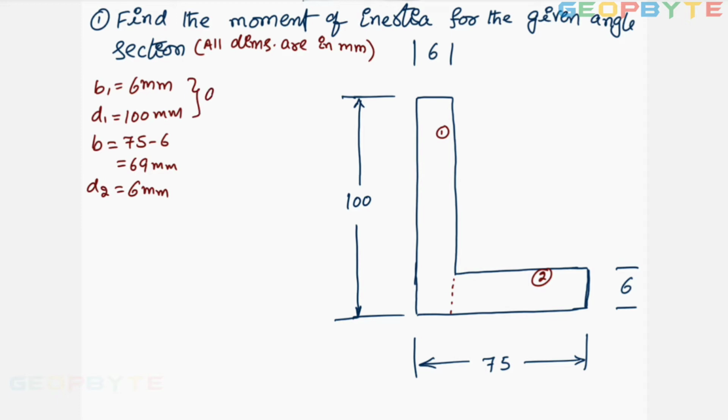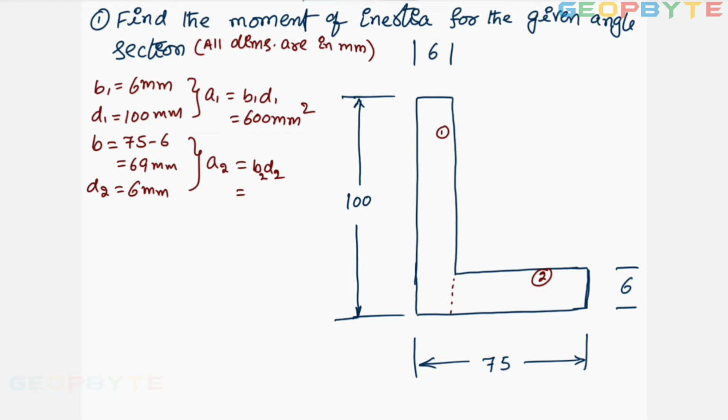From b1 d1, get the area a1 equal to b1 d1. Simplify this value for getting around 600 mm square. Similarly, from b2 d2, you can find a2. a2 equal to b2 into d2.